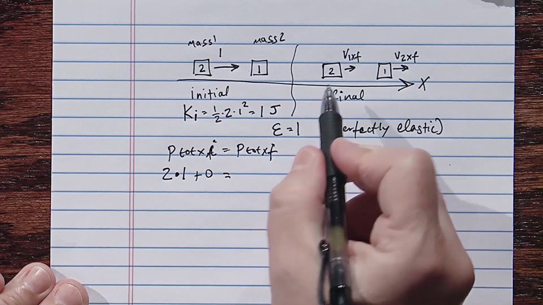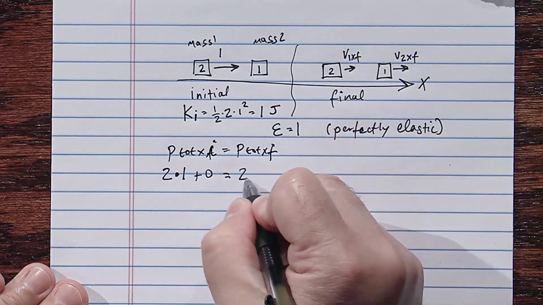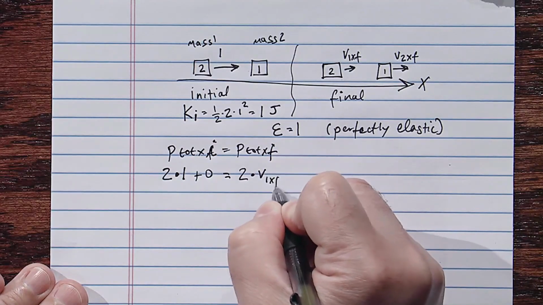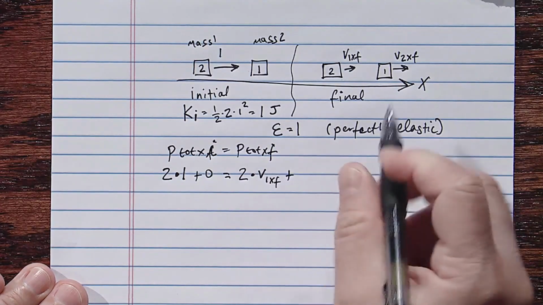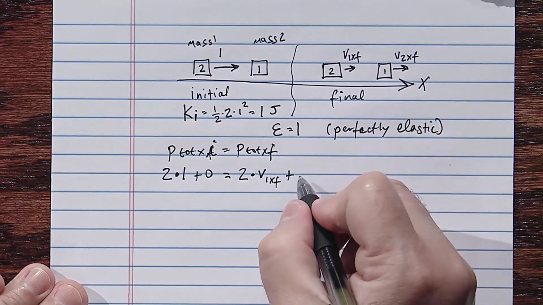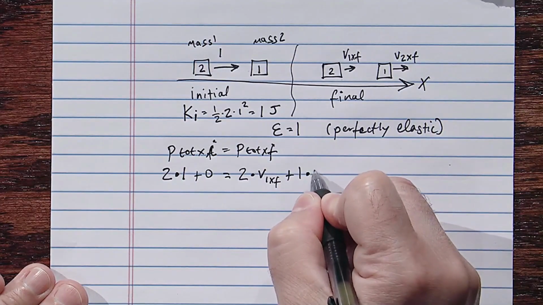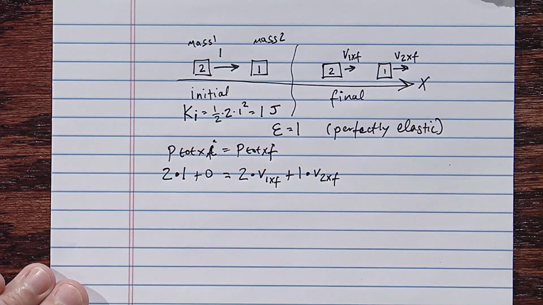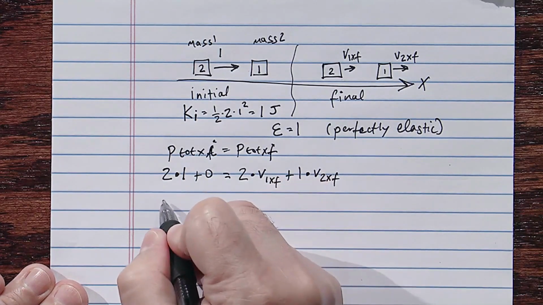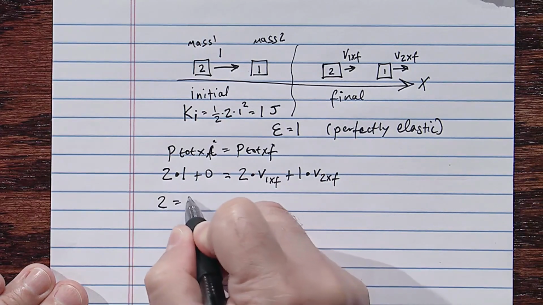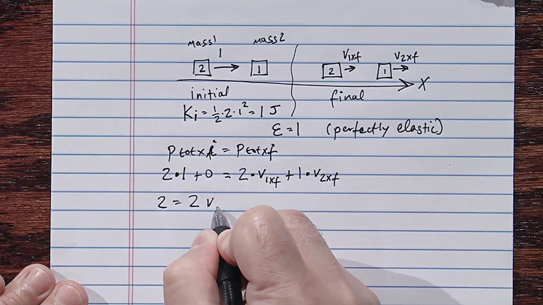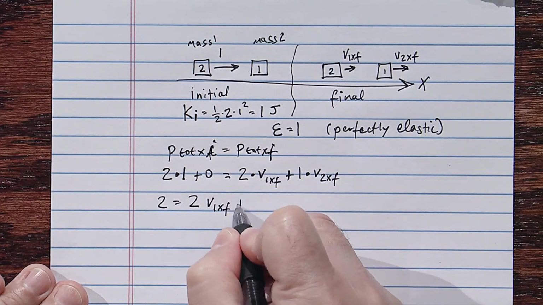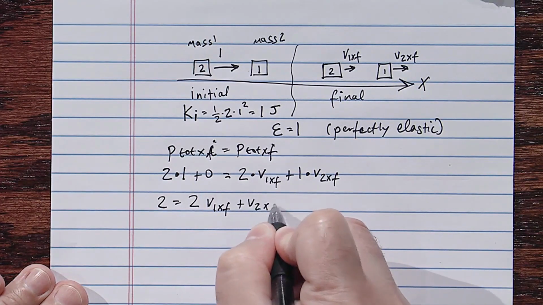And finally, we have 2 kilograms moving with V1x final plus 1 kilogram moving with V2x final. So that says that 2 is equal to 2 V1x final plus V2x final.